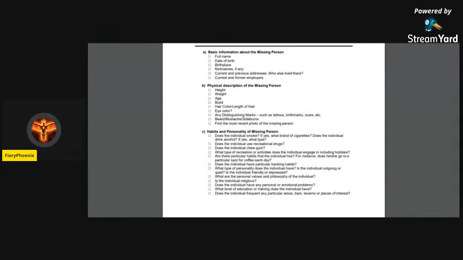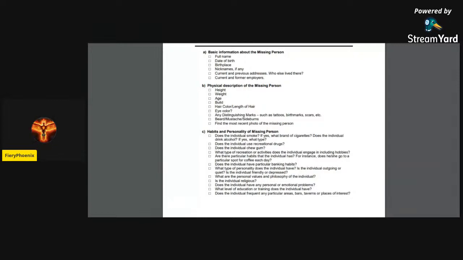Physical description of the person missing: height at the time they went missing, weight, and age. What age were they when they went missing, and the build, I can see that. Hair color and the length of hair. You know, even the eye color.